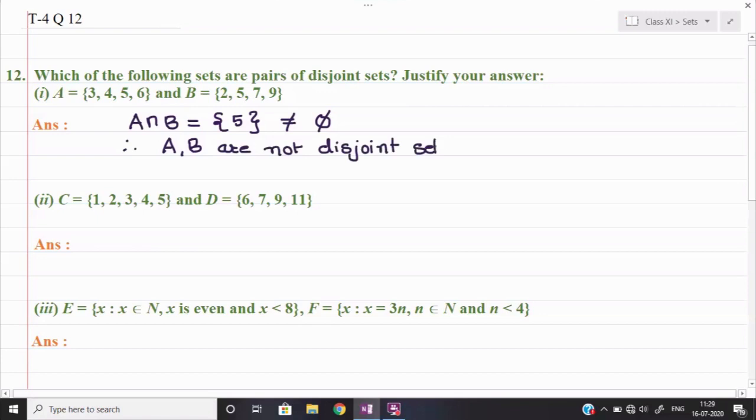Now similarly, let us see the next one, C and D. If I try to find C intersection D, do we have any element common? 1, 2, 5, and these are 6, 7, 9, 11. I cannot find any element common, so I can say that C comma D are disjoint sets.